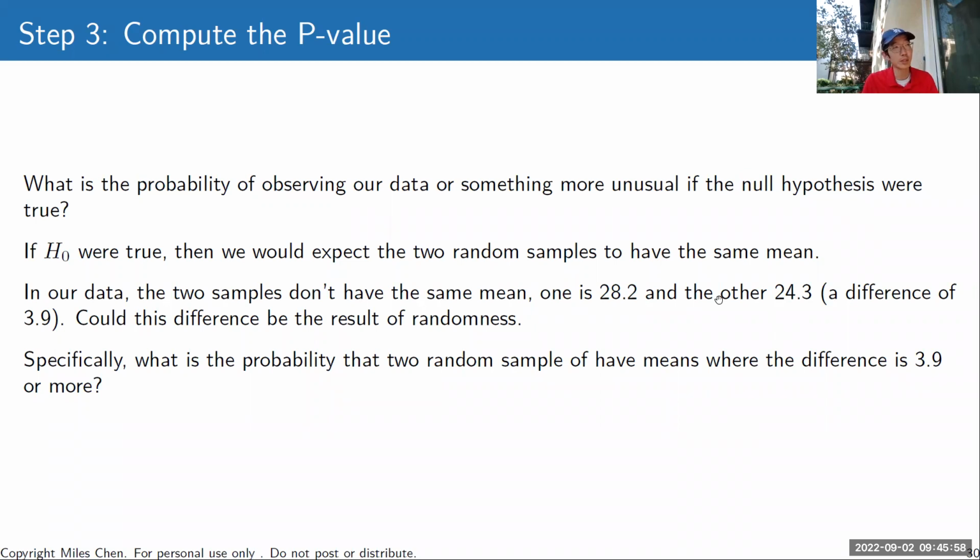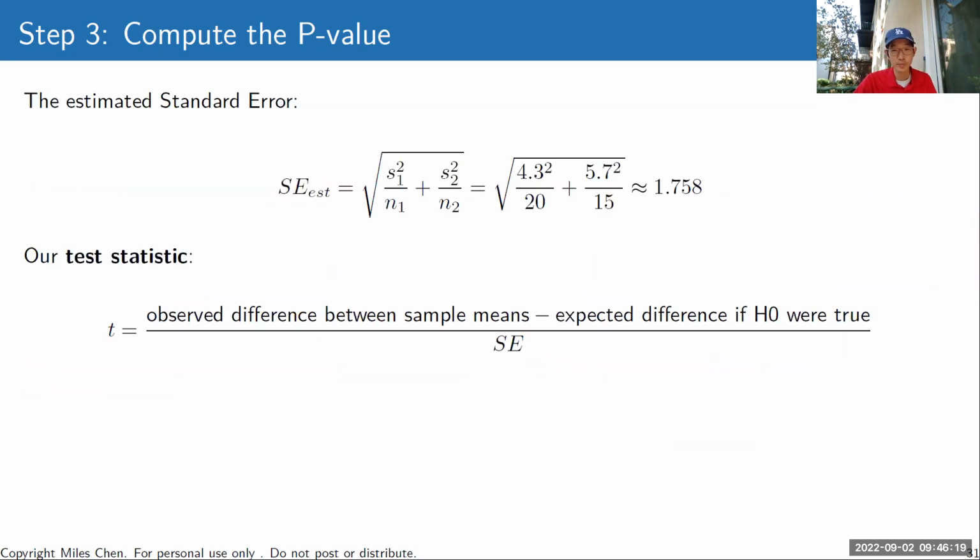That's a difference of 3.9. Is that significantly different from 0, or could that difference be the result of random chance? Well, the confidence interval said it is significantly different from 0, so our hypothesis test should make the same conclusion. We should end up getting a p-value less than 0.05, but let's go ahead and do our work here.